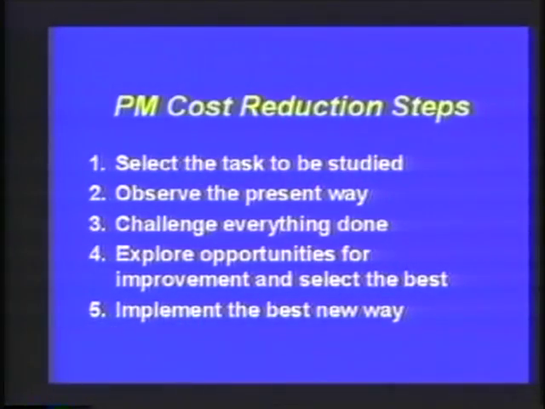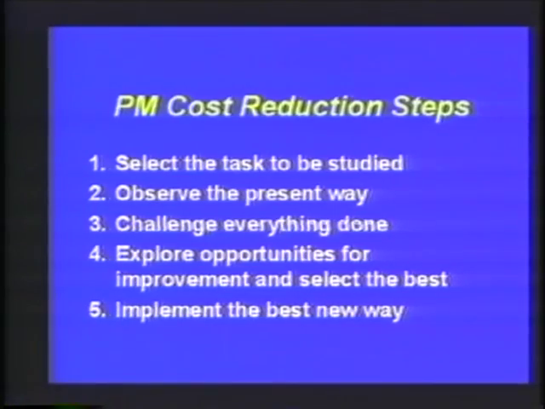Challenge and then explore. And once you've gone through that exploratory type of an activity, then implement the best way. Change it on the PM. Purchase a pneumatic tool if you need it. Most shops have them for that illustration I've just gone through. And then continually review and review until you feel that we've done enough analysis, and I think we're at utopia.